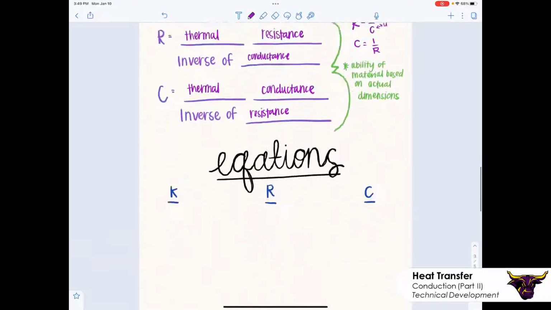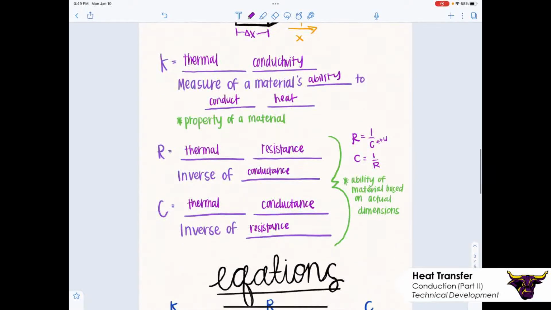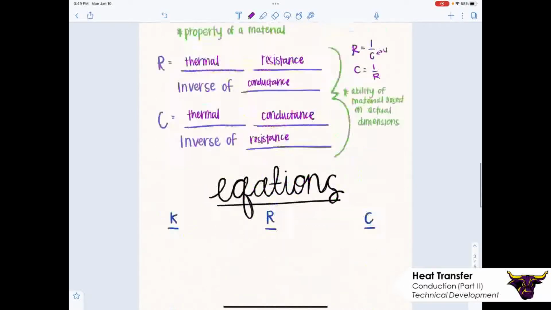So let's look at the equations to give you an idea of what this actually looks like and why thermal conductivity isn't based on size, but resistance and conductance are. And I also want you to think of a tie to electrical knowledge. Think about electrical conductivity and electrical conductance and how that might parallel with this relationship as well.